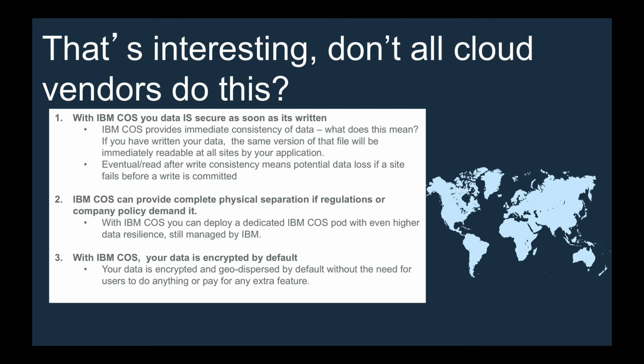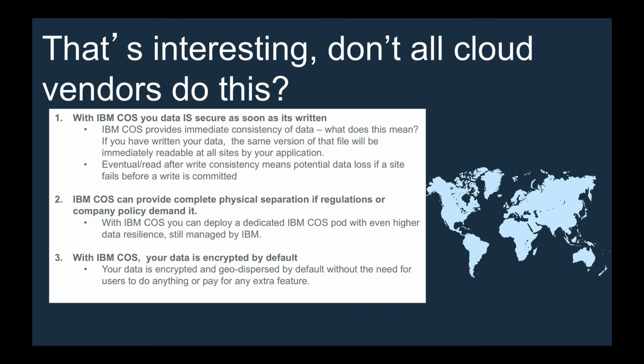So if there is a catastrophic network outage, or worse, a catastrophic site outage or a natural disaster that wipes out that site, well, guess what? You've lost your data. Even though these other systems may also be geo-distributed, because that data has been committed before it's actually been written to all those sites, you've lost your data.